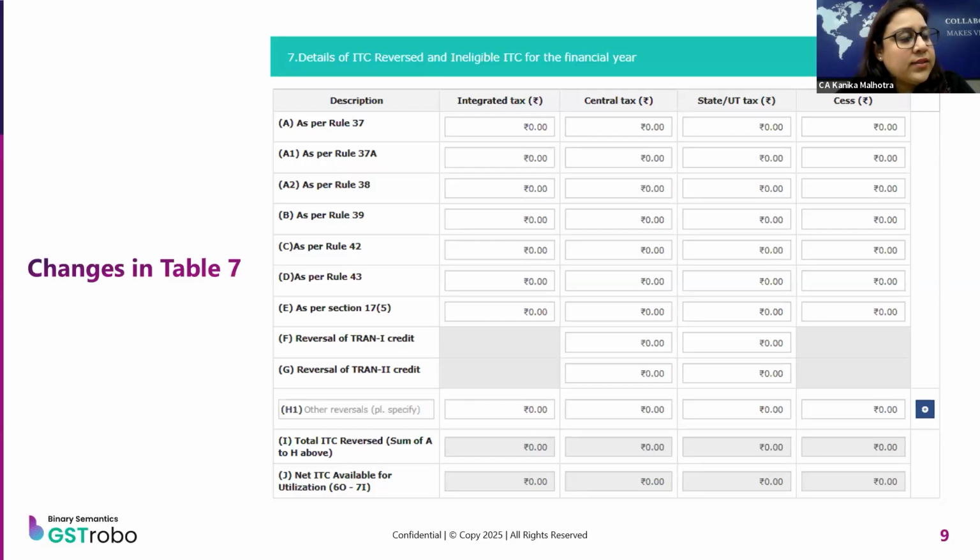Because 2B would show what all ITC belongs to that particular financial year. From that, you need to decide on the basis of the reversal where you need to take it. So it's pretty clear, you can do it in H1, but it will not be reflected in 8B. And similarly, we're going to take this in table 8B also.